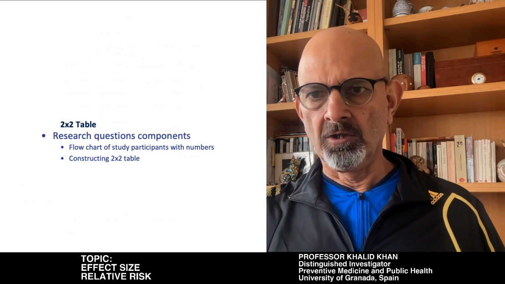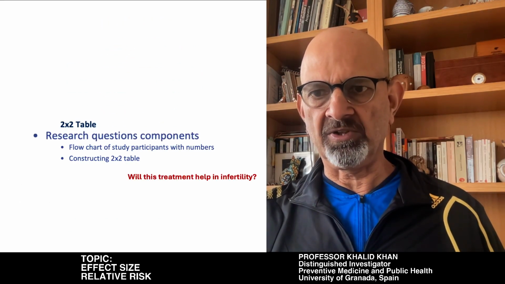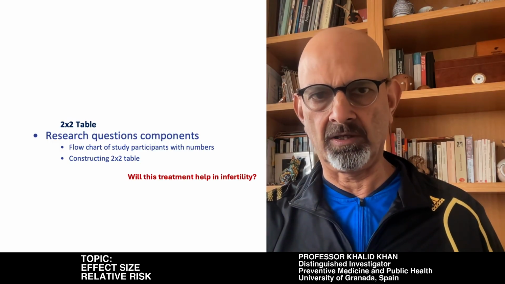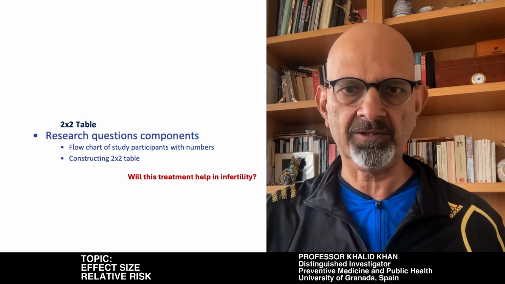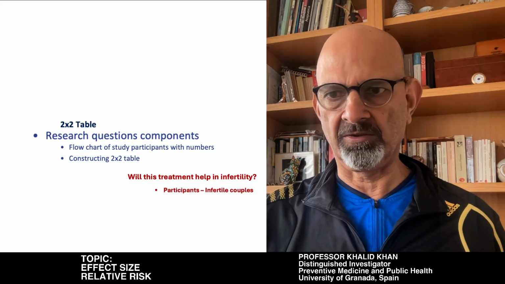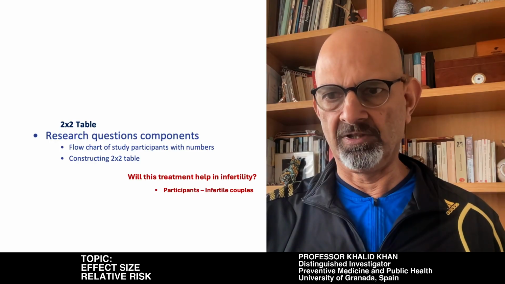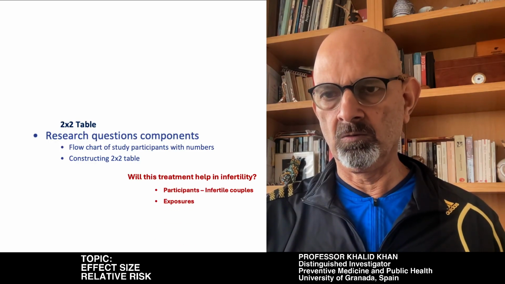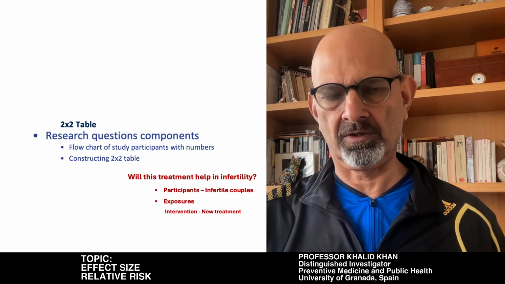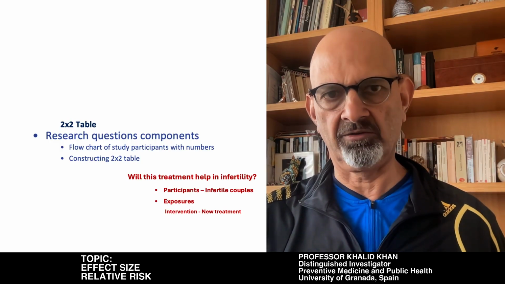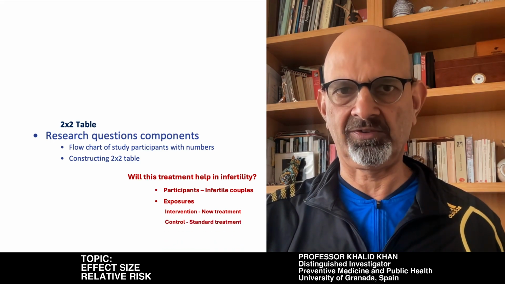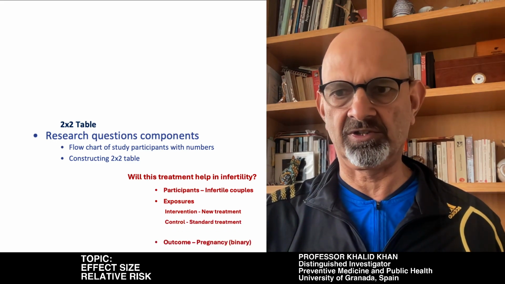So, the research question components. Let's hypothetically take a question like, will this treatment help a patient with infertility? Then the components include participants with infertility who will receive either the intervention, which is possibly the new treatment of interest, or the control, which is the standard strategy for infertility.